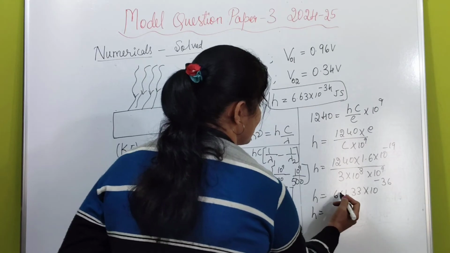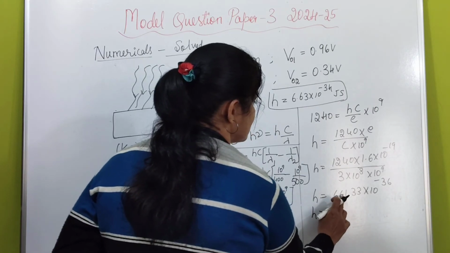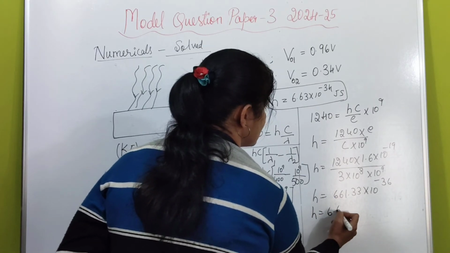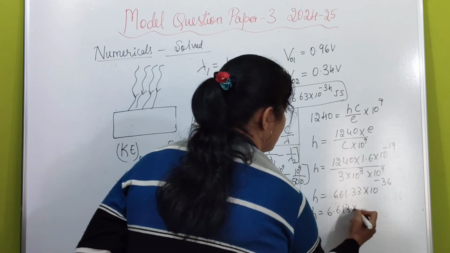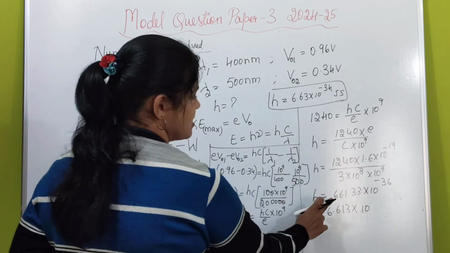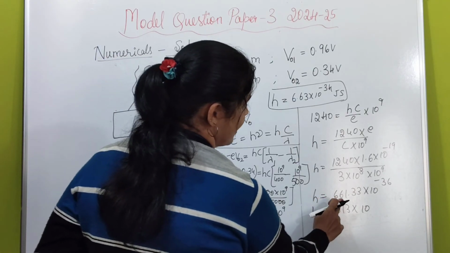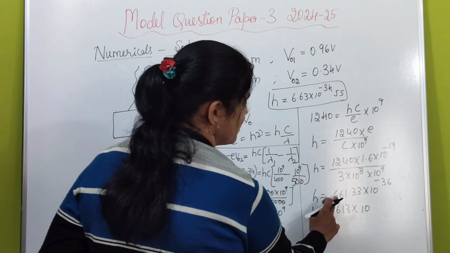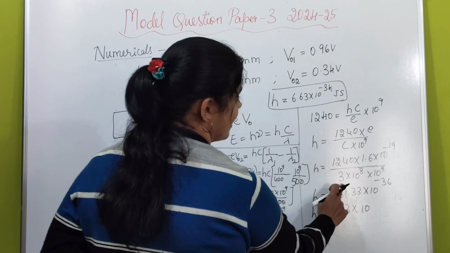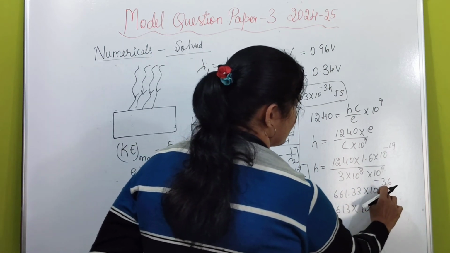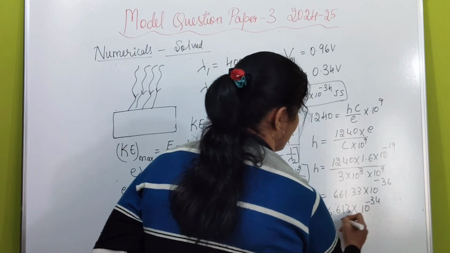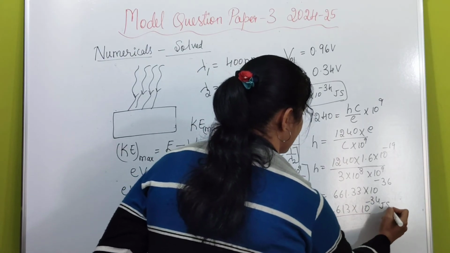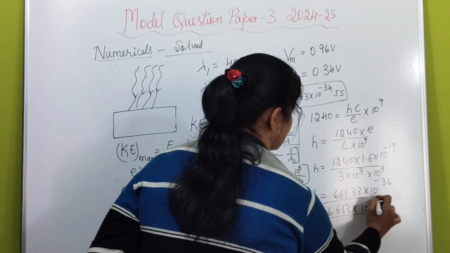So if I shift the decimal point to the left side, that is 6.6133 into 10 to the power 2, since 661.33 is 6.6 times 100. So here 10 to the power minus 36 plus 2 is minus 34. Minus 34 joule second. So this is the answer.